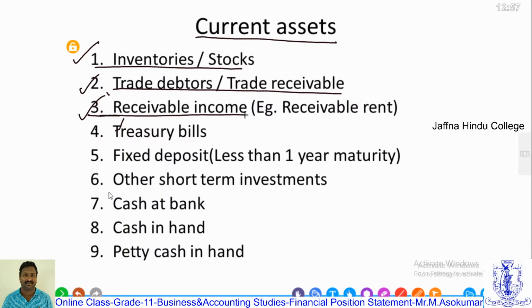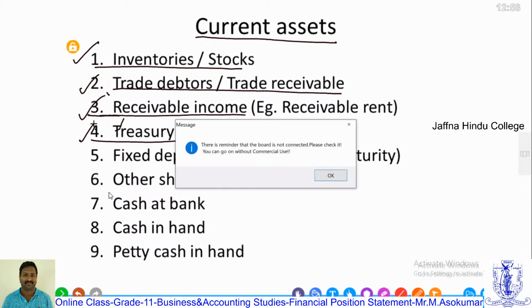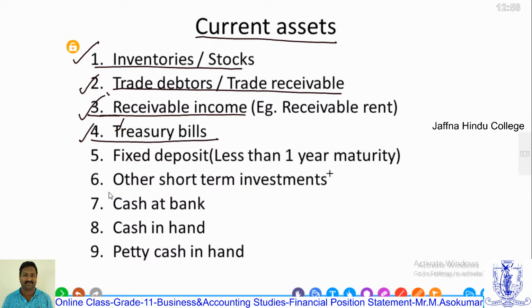Treasury bills. Treasury bills are instruments published by the central bank and issued through commercial banks to the public, collecting funds that are needed by the government as an investment plan. We purchase this treasury bill when they issue it at a discounted price.